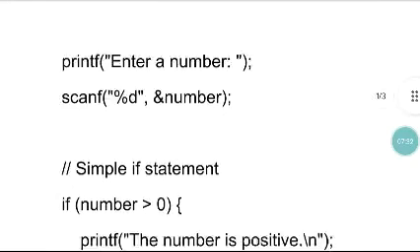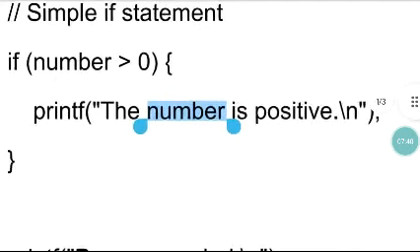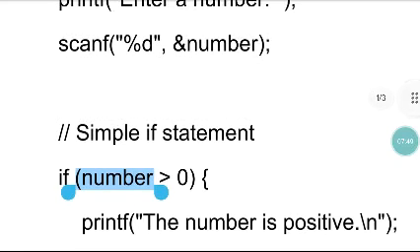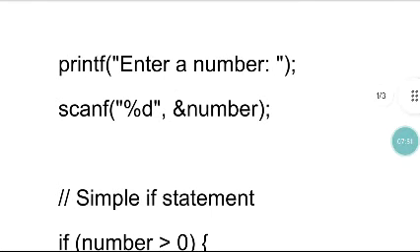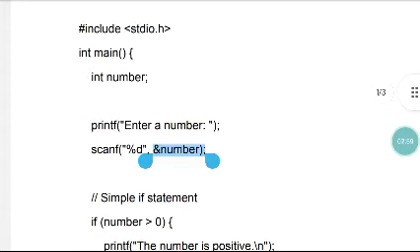If positive, then you write positive. So you should write printf, the number is positive, if number greater than 0. Before that, number should have some value, so scanf for number should be before that. So it is a simple program.